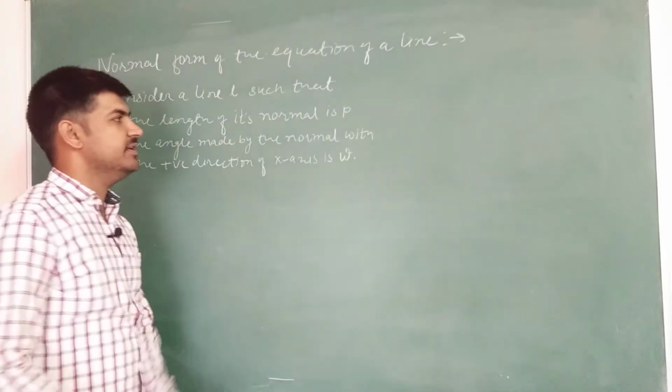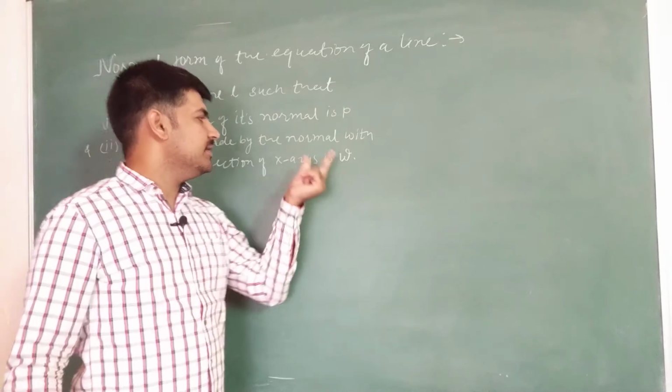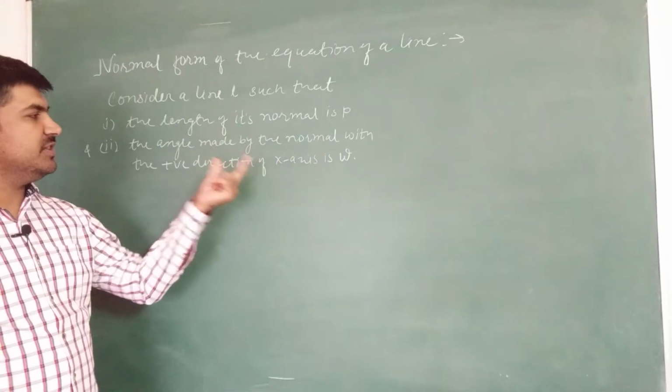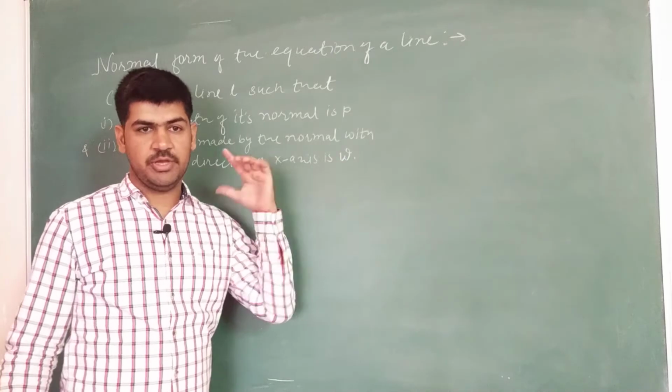So, what two things are we given? Length of normal as P and the angle made by the normal with the positive direction of x-axis is omega.